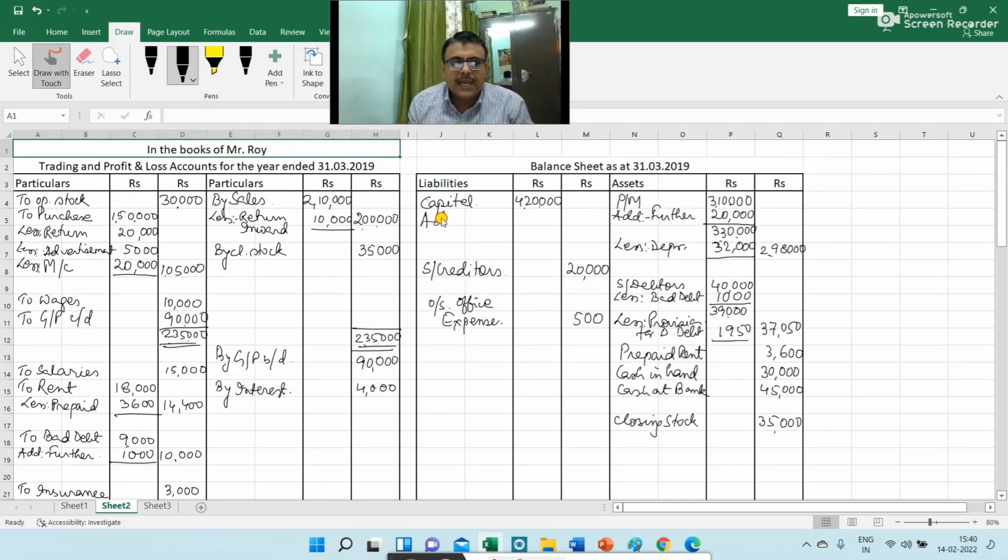Net profit will be added to your capital, 8,150. So your closing capital will be 4,28,150, and the balance sheet total will be 4,48,650.